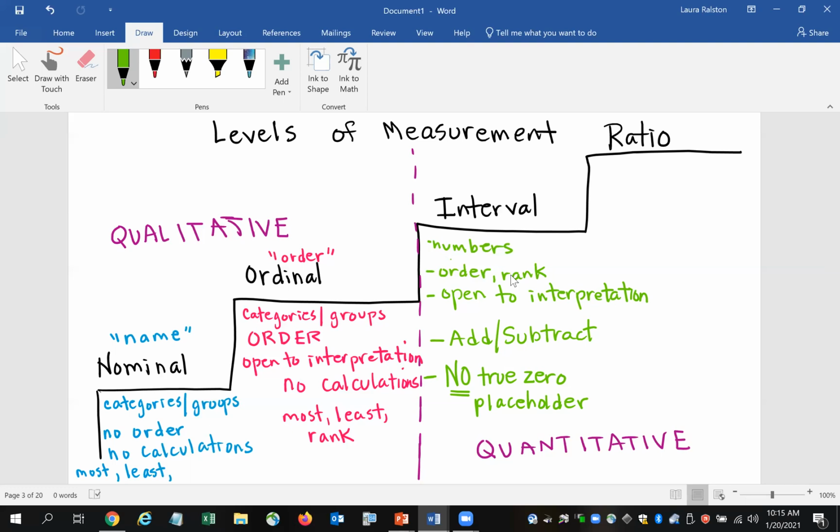Another example that you might relate to is if you think about IQ scores. If we say that your IQ score is 0, that does not mean that you have no brain or no intelligence.